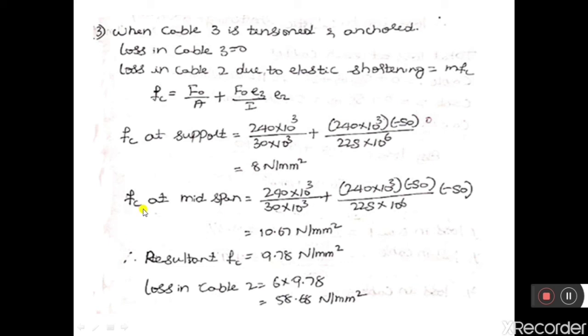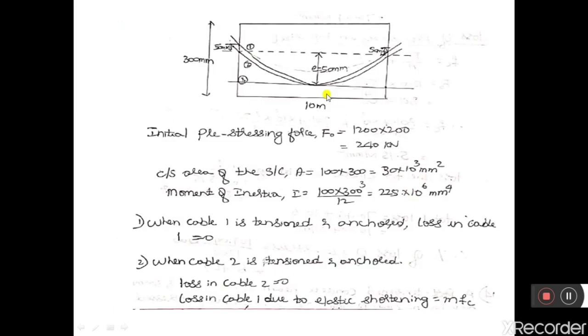Now considering the eccentricity at midspan. So Fc at midspan, substituting the values of F naught by A, F naught by I and E3 and E2 with respect to midspan. Everything is same. With respect to midspan, cable 3 is having an eccentricity of 50 and cable 2 is having an eccentricity of 50, that is minus 50, minus 50. Therefore Fc at midspan is equal to 10.67 Newton per mm square.